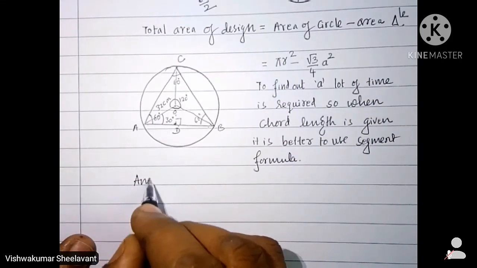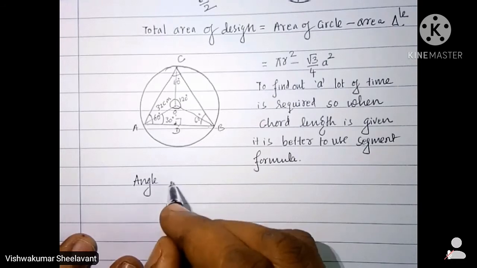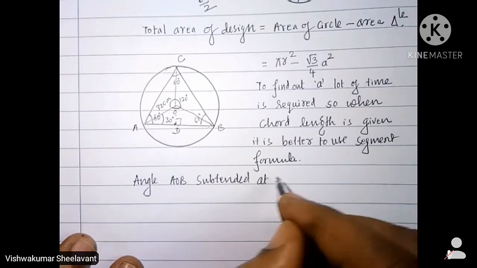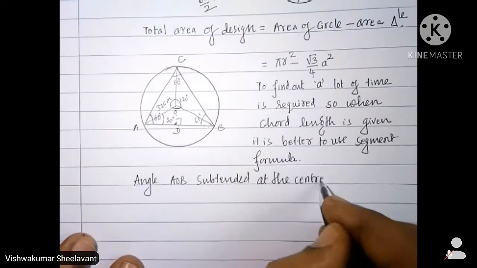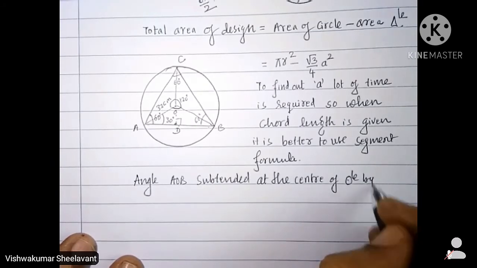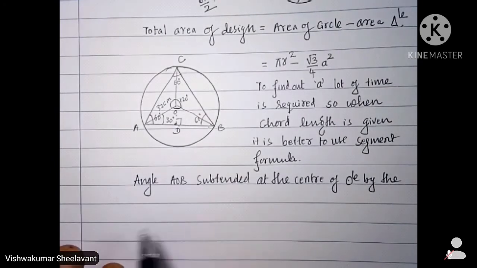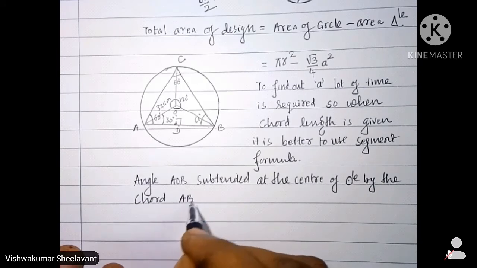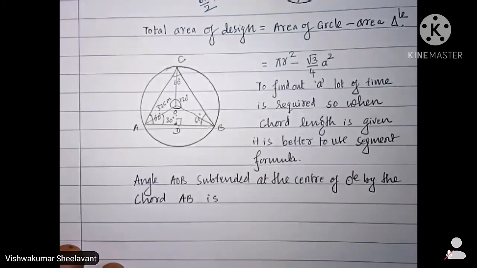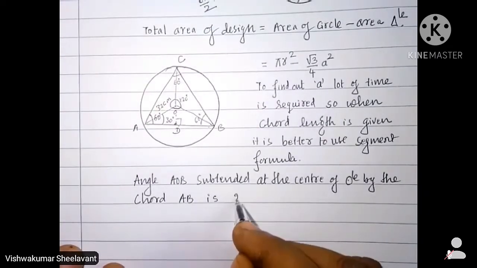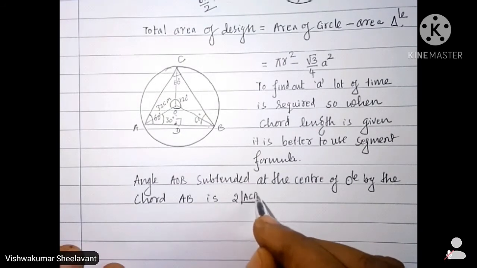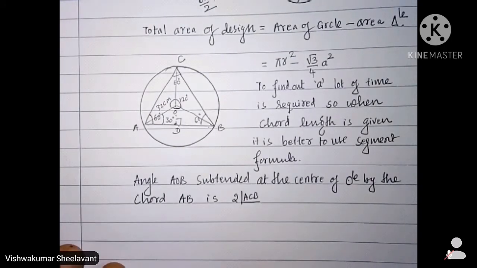Next you write: angle AOB subtended at the center of the circle by the chord AB is two times angle ACB.